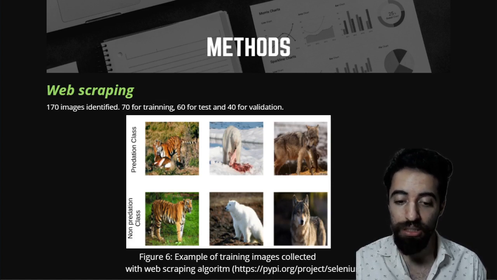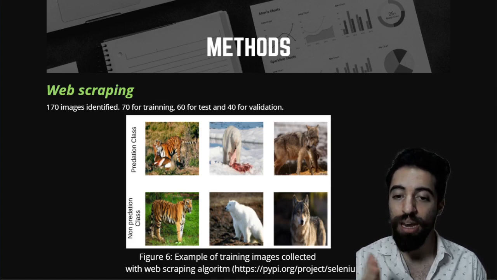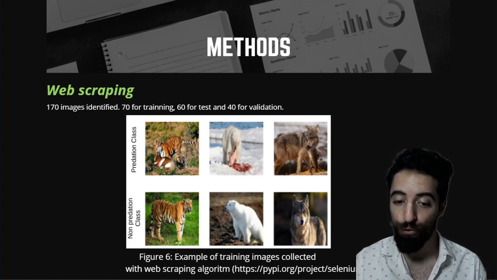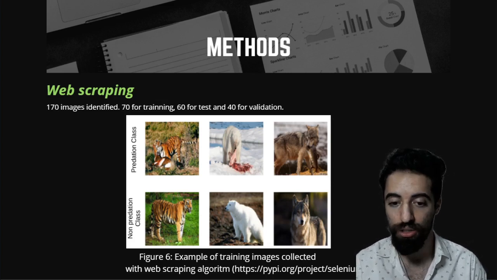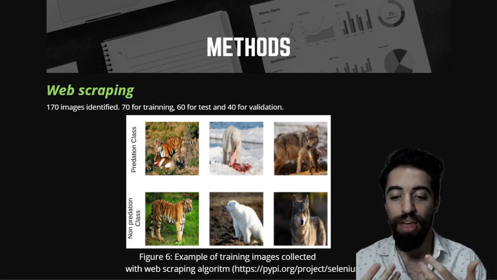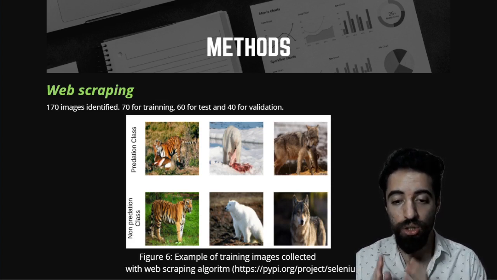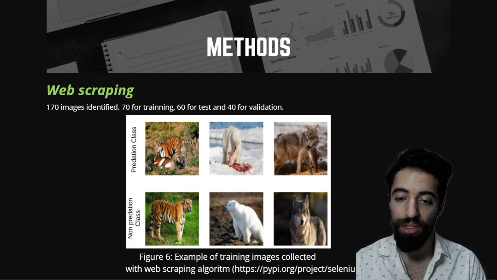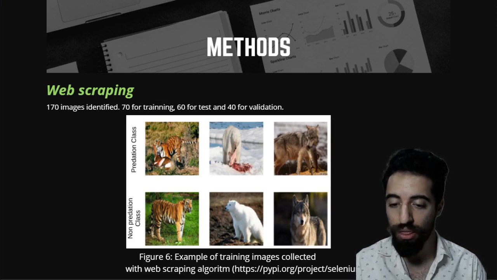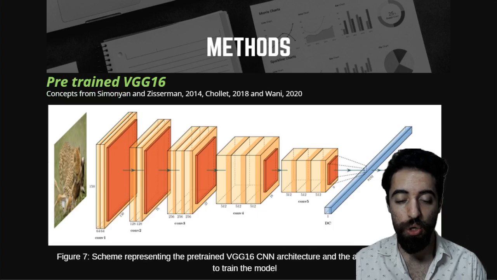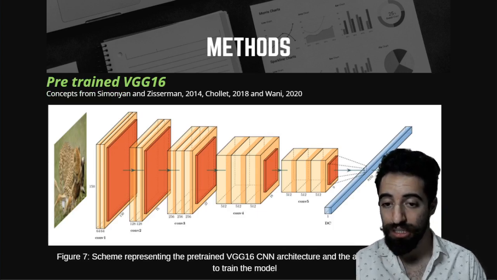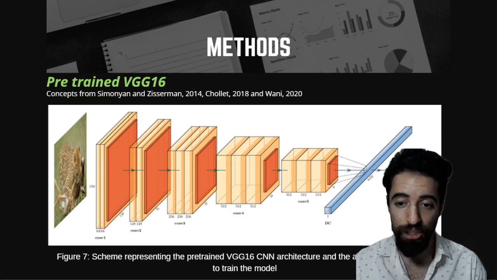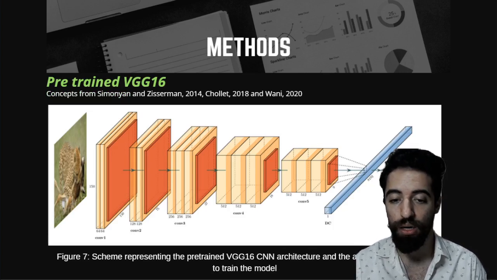And it's important to say that each set is half predation class and half non-predation class, for all the sets that I showed you. We bring those pictures and start training an algorithm that we chose, the pre-trained VGG16 architecture, as the architecture of the convolutional networks.